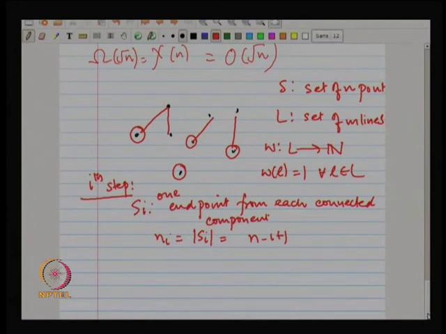What I do is choose a constant alpha, which I will tell you in a minute, and compute a cutting.